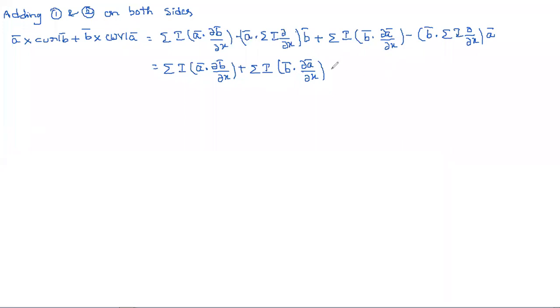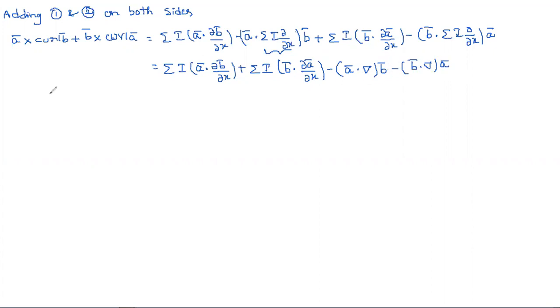And coming to this, minus a bar dot, in place of this we can write summation i dou by dou x, and if we expand this, i dou by dou x plus j dou by dou y plus k dou by dou z, that is nothing but del into b bar. And coming to this, minus b bar dot, and this is also simply del a bar.